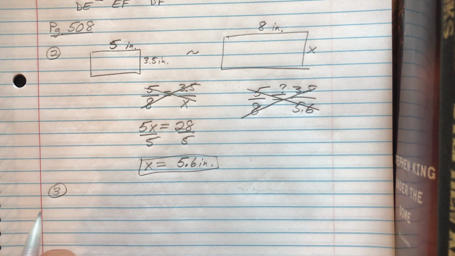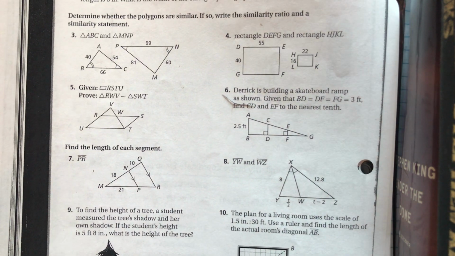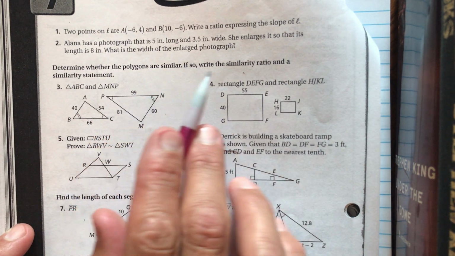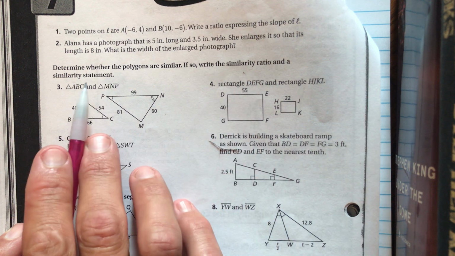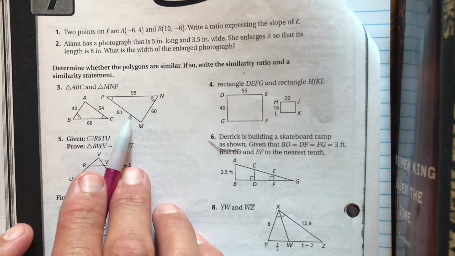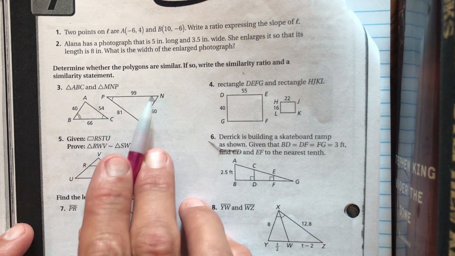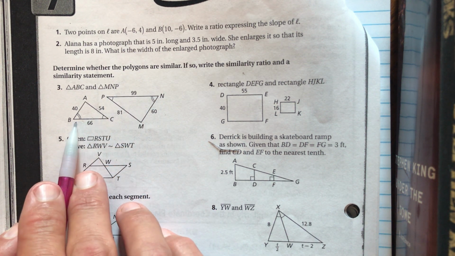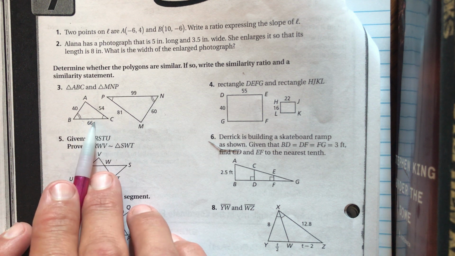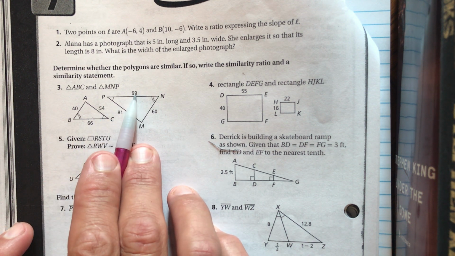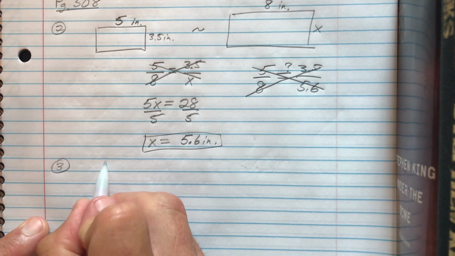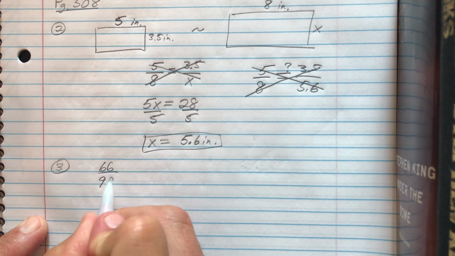Now, numbers 3 and 4 are simply asking us to determine whether the polygons are similar. If so, write the similarity ratio and the similarity statement. So if you look at this first one, B and N are congruent, C and P are congruent. So the side in between them, 66, should be proportional to 99. So let's write that out. 66 to 99.